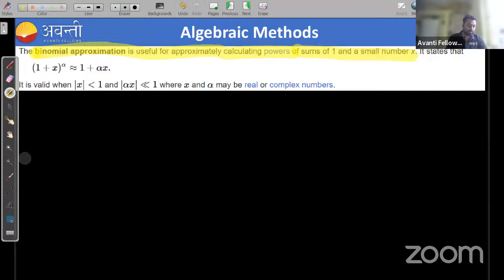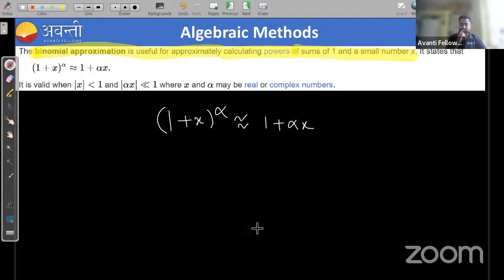Directly, what I'm saying is, if you have 1 plus x to the power alpha, this is approximately equal to 1 plus alpha x.